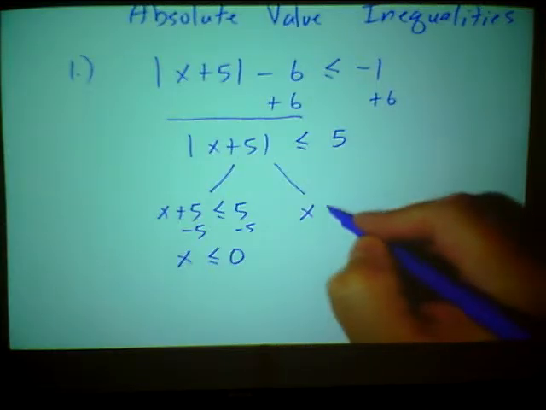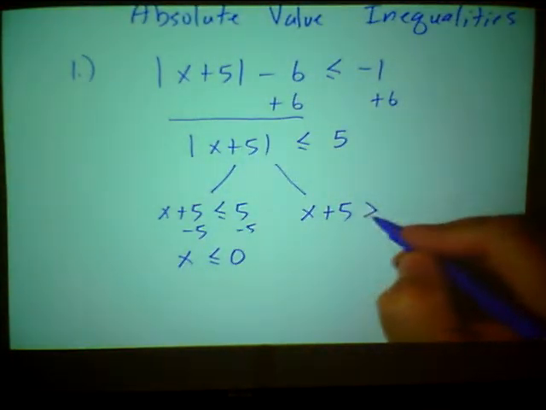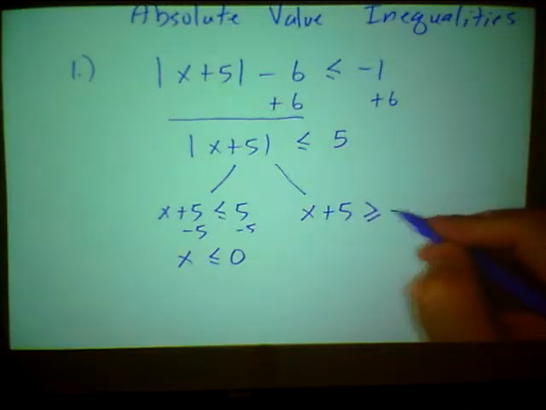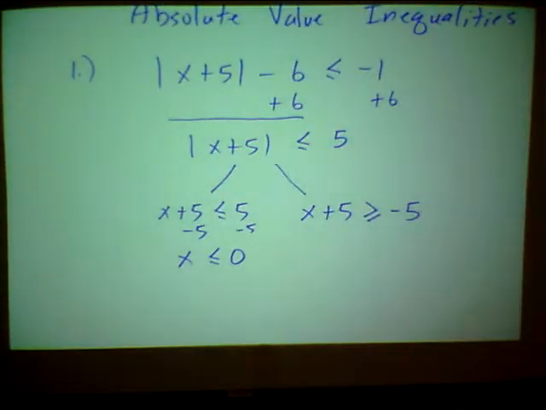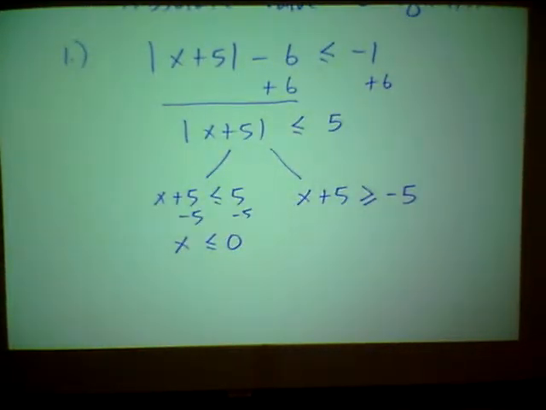I drop the absolute value signs, I flip the inequality, and I make the number a negative. So there are 3 things you do. You drop the absolute value signs, you flip the inequality, and you make the number negative.